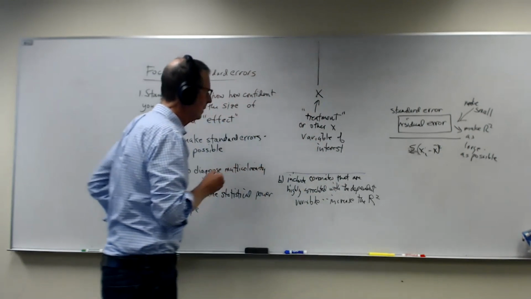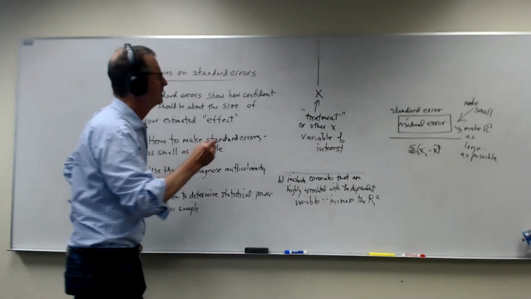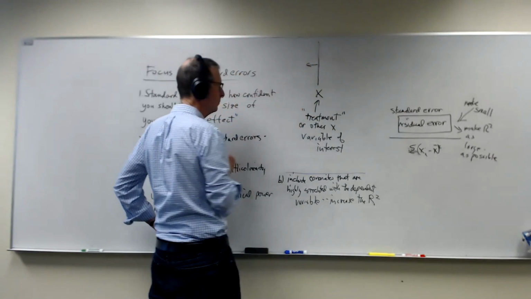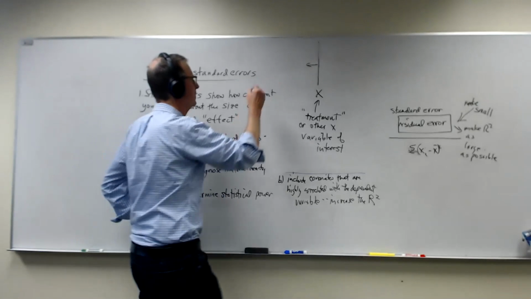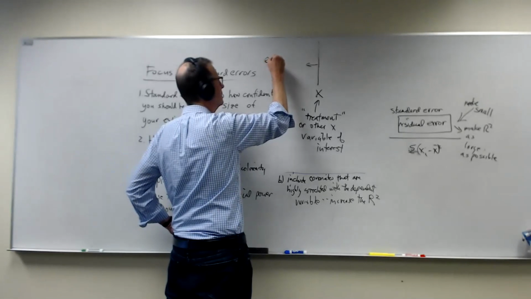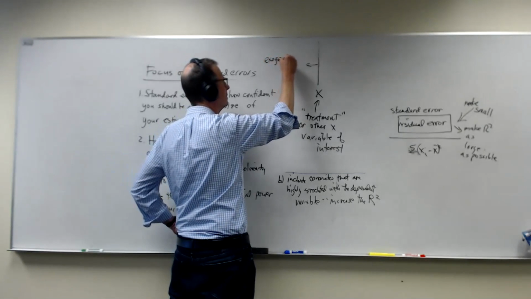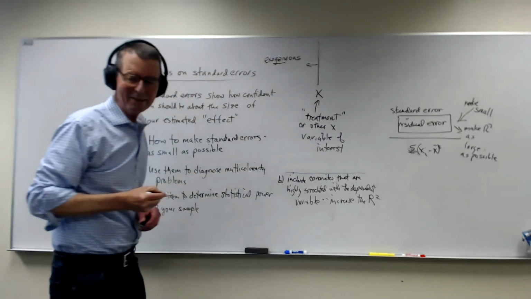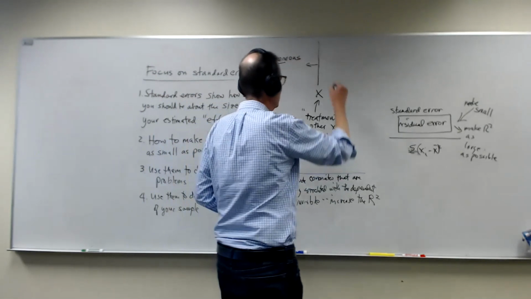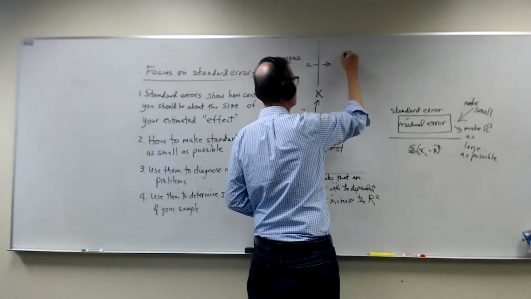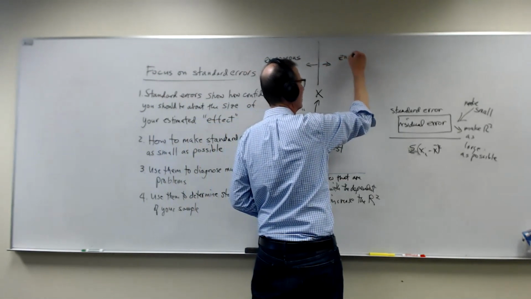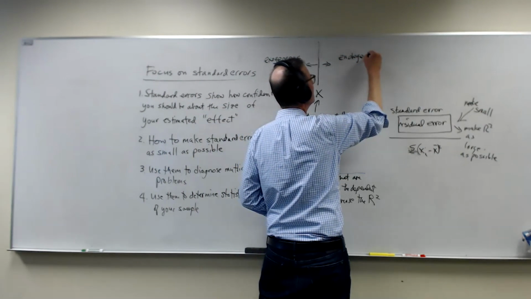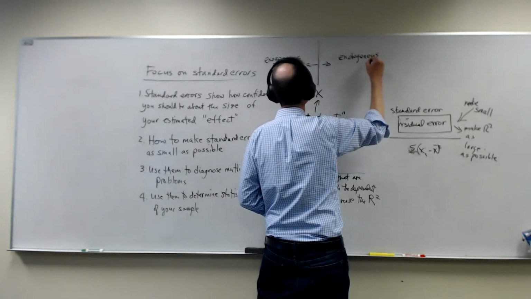The key distinction is between what comes before x, which are termed exogenous predictors, and what comes after x, which are endogenous predictors.